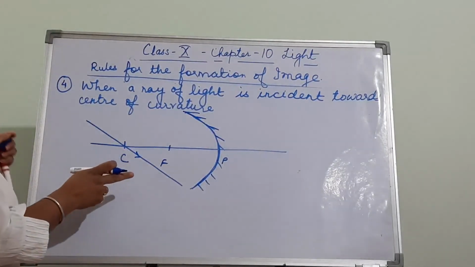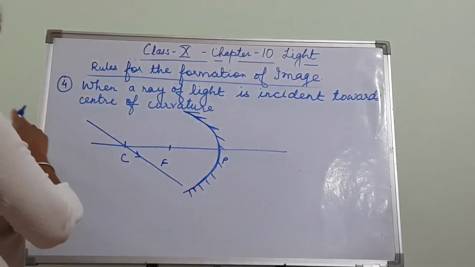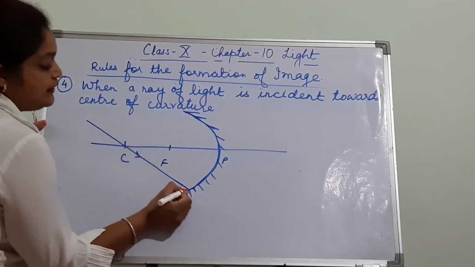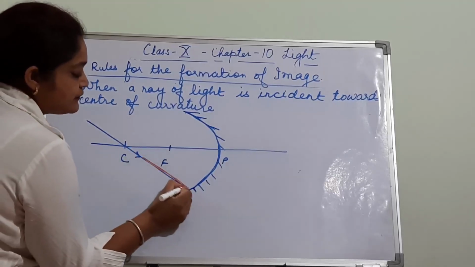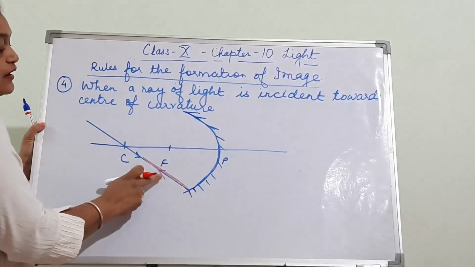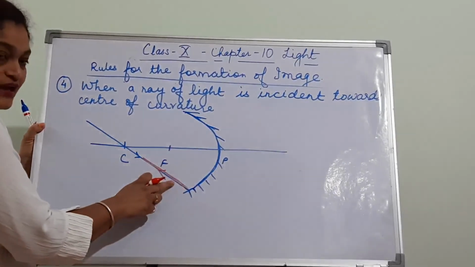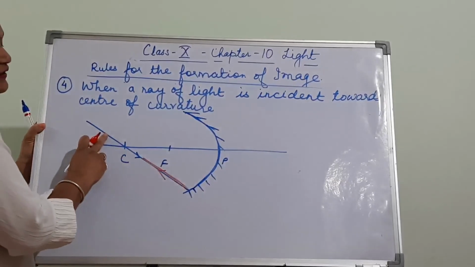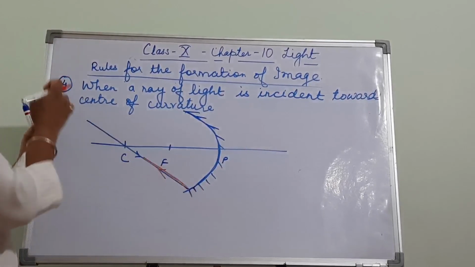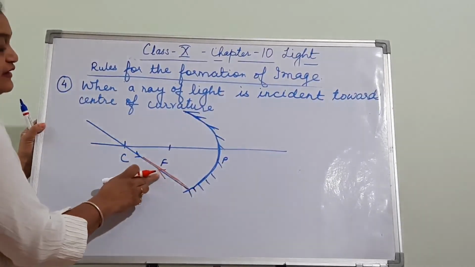So this ray retraces its path. So the incident ray overlaps with the reflected ray, or you can say the reflected ray retraces the path of the incident ray. There is no angle between the incident ray and the reflected ray in this case.